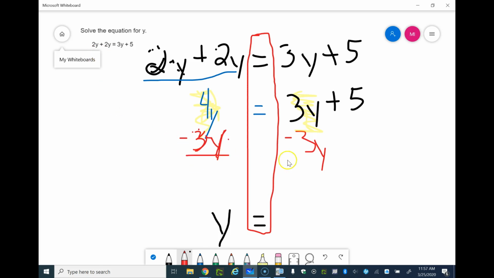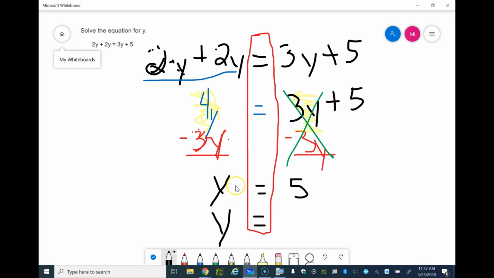So once I subtract both of these, notice what happens on this side: 3y minus the 3y, they all cancel out. Then I just drop down the 5, which is left over. And over here, I say 4y minus this 3y, which leaves me with just y.